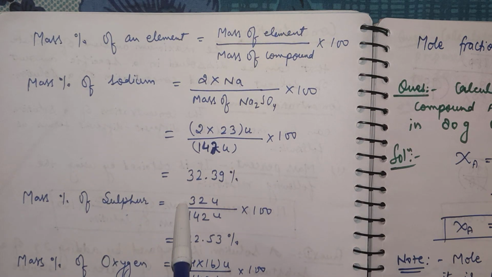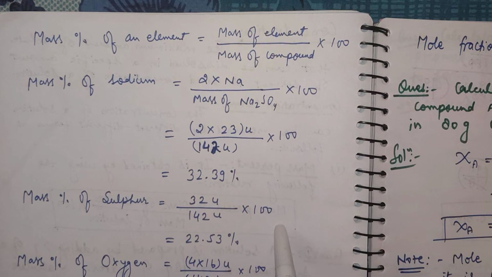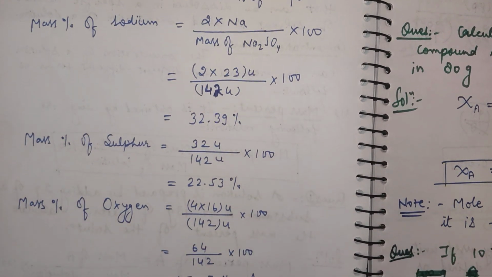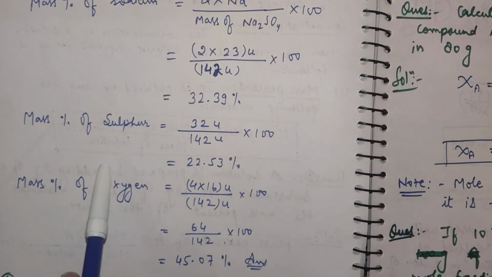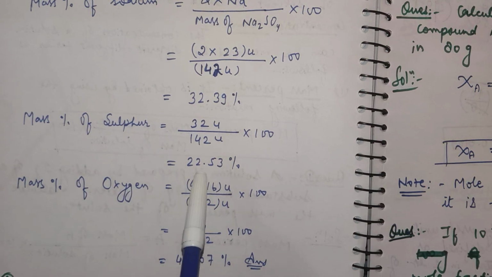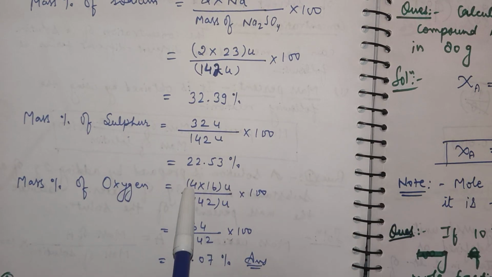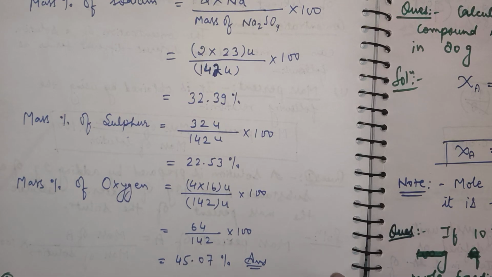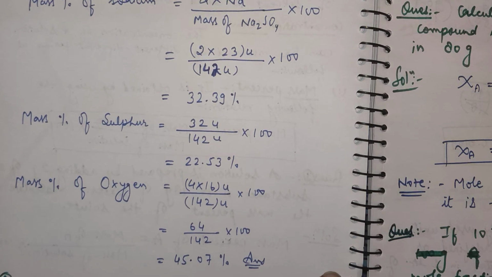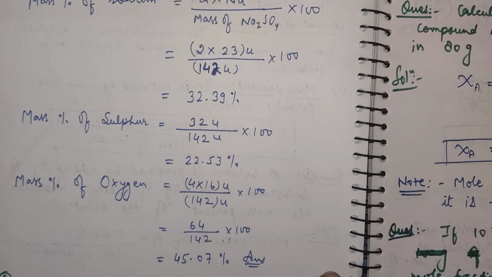Mass percent of sulfur is 32 upon 142 multiplied by 100, so we get 22.53%. Similarly, the mass percent of oxygen is 4 into 16, because 4 oxygens are involved, 64 upon 142 multiplied by 100, and on solving we get 45.07%. So this is another formula for finding the mass percent of separate elements in a given compound.